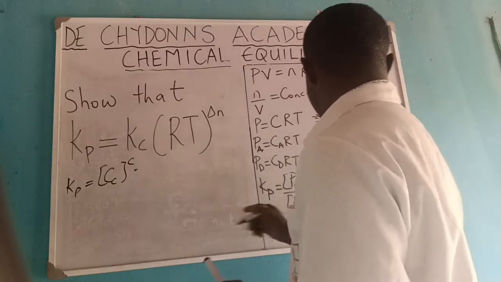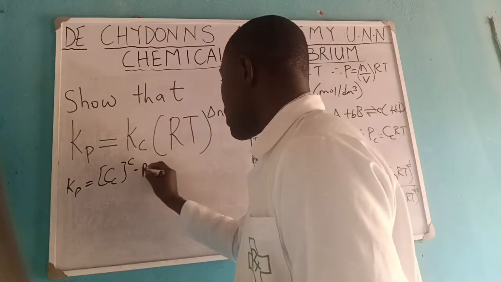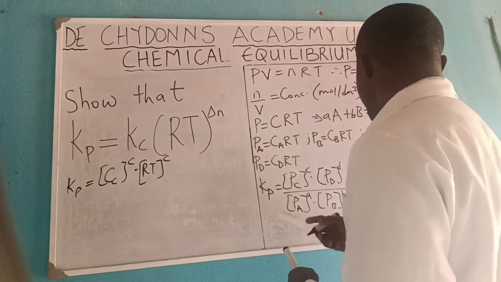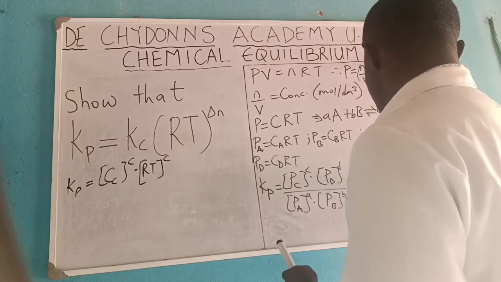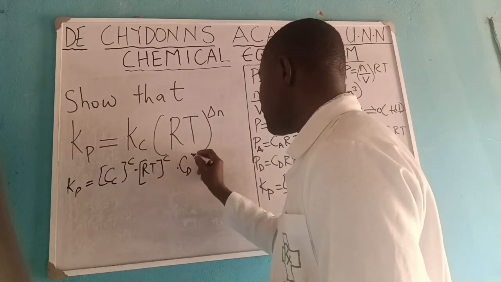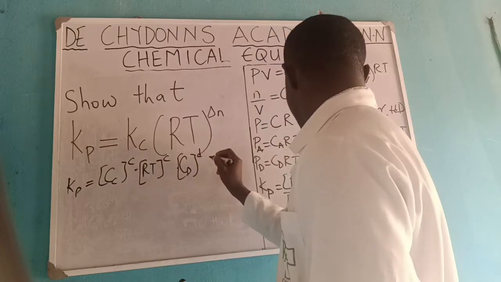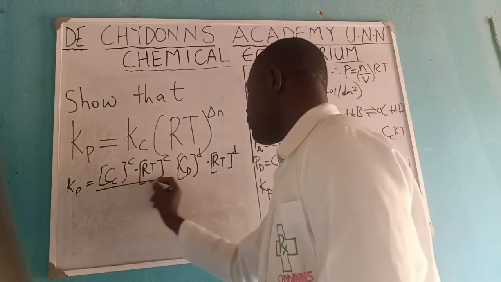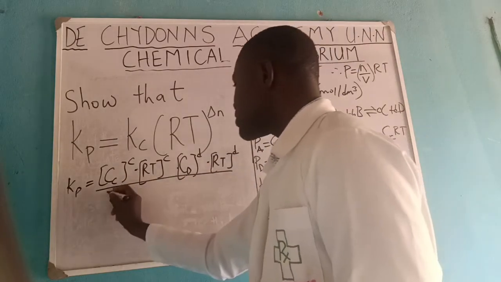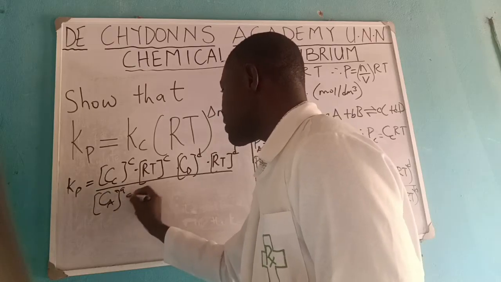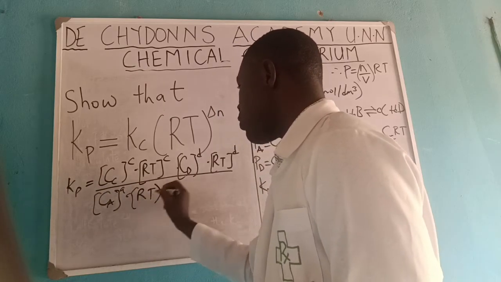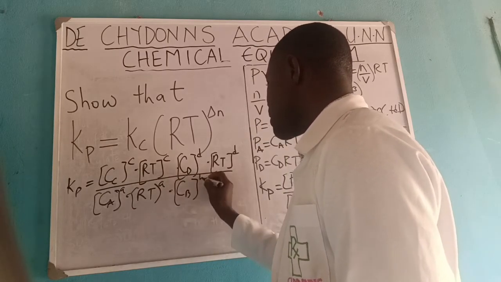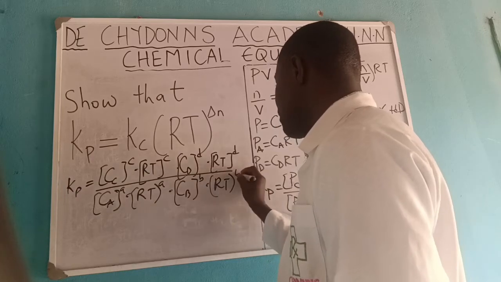Then RT raised to power of c. Then this one, CD raised to power of d, RT raised to power of d, all over this one, CA raised to power of a times RT raised to power of a, CB raised to power of b times RT raised to power of b.